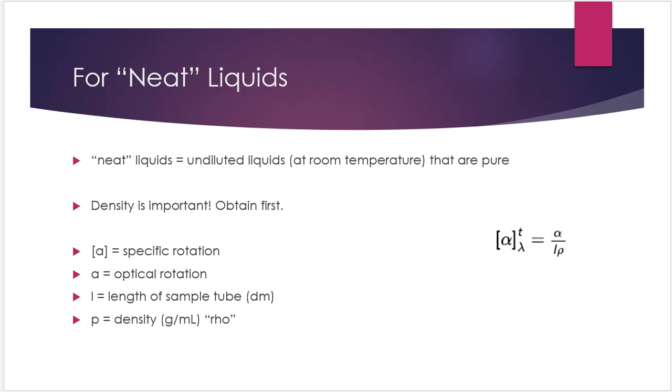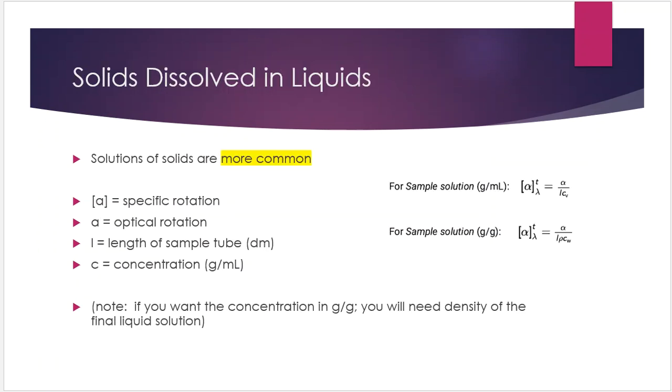And we had this rho number, and that rho meant density. It was the density of the liquid. So when we take a solid and we dissolve it in liquid, we kind of have a rho number, but it's not really a density value at all. But the unit for the concentration is still grams per milliliter. And this is grams of the solute, which is the solid that I'm trying to dissolve, per milliliter of solution.